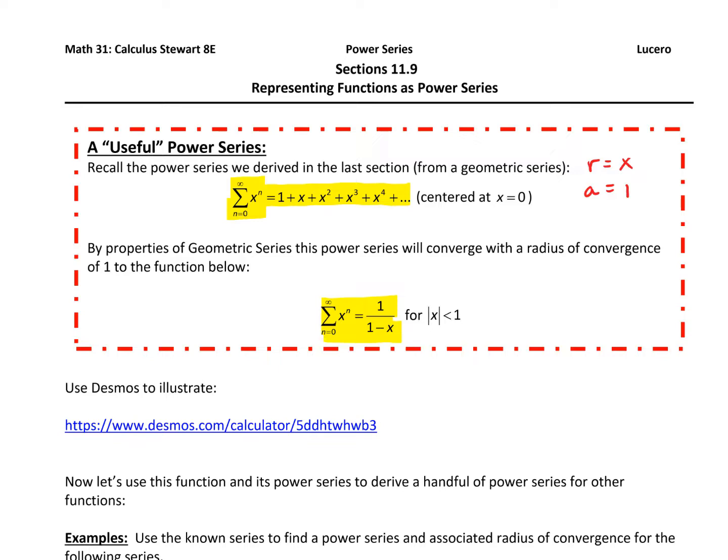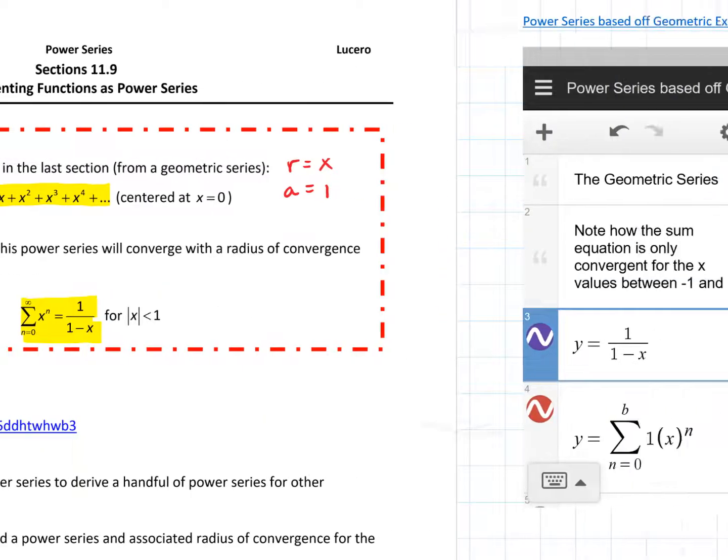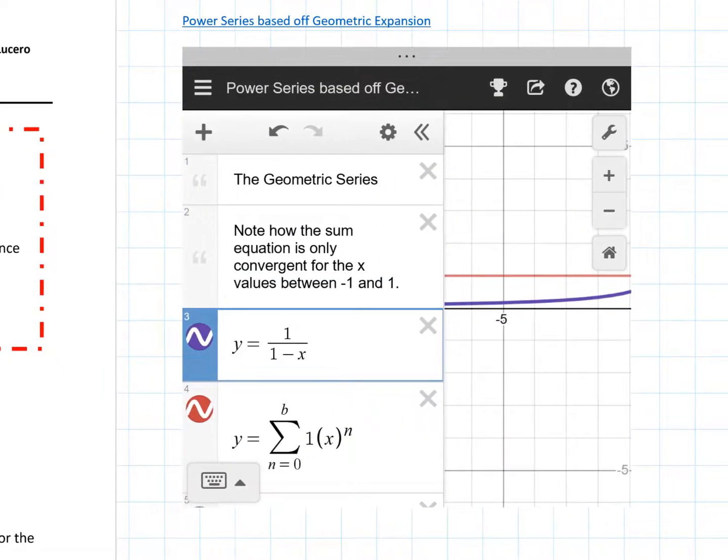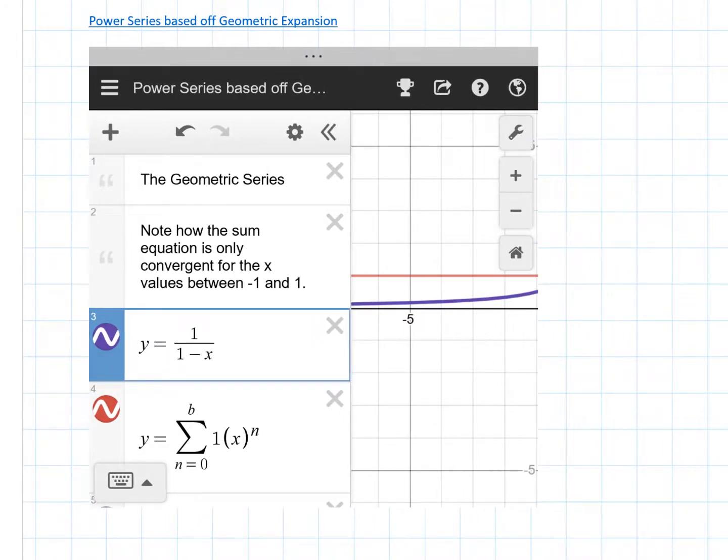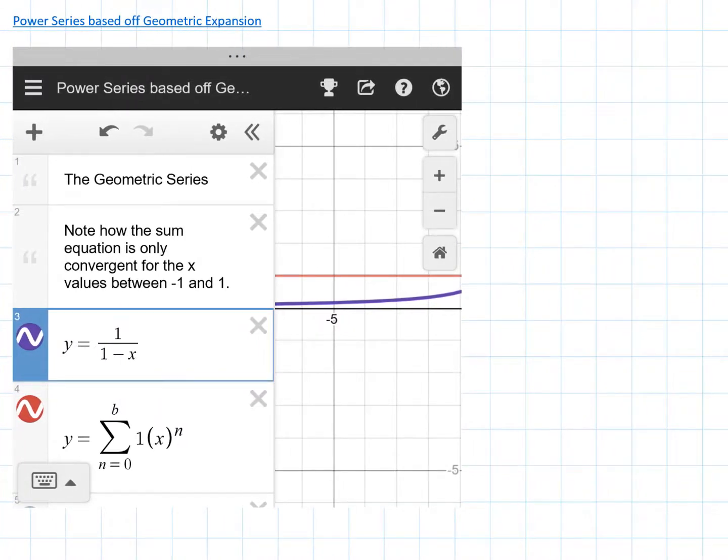So if we think about that, let's go over into Desmos and look at what this looks like as we continue to add. We're going to actually look at polynomials. We're going to start with the polynomial 1, let's call that y0.